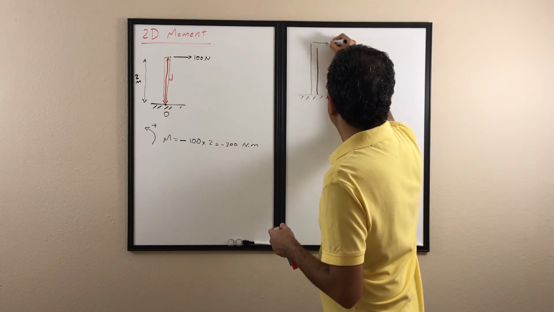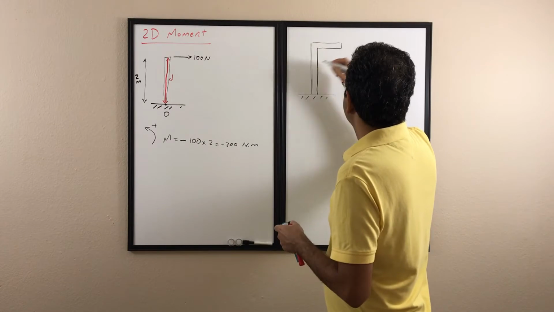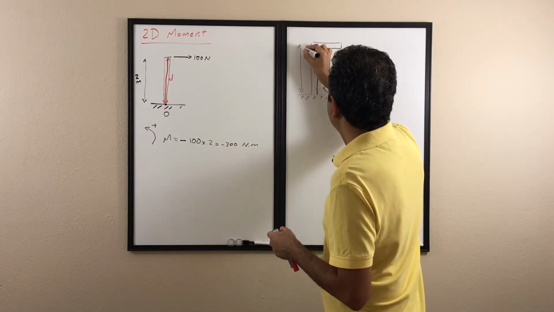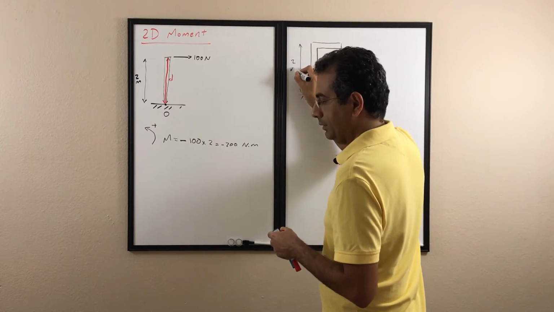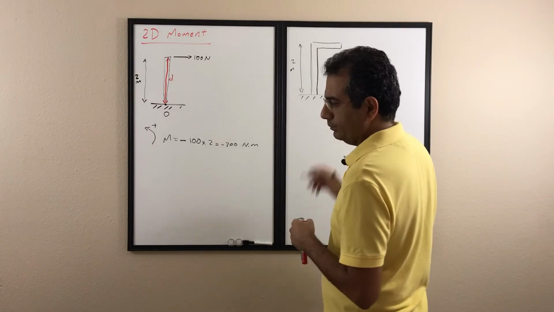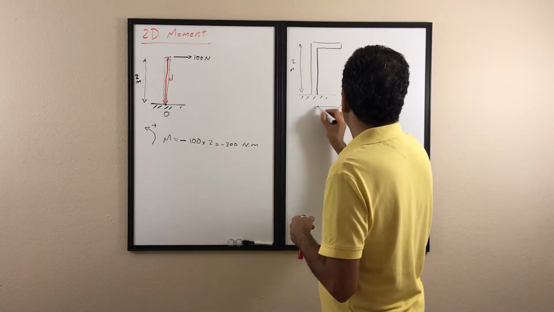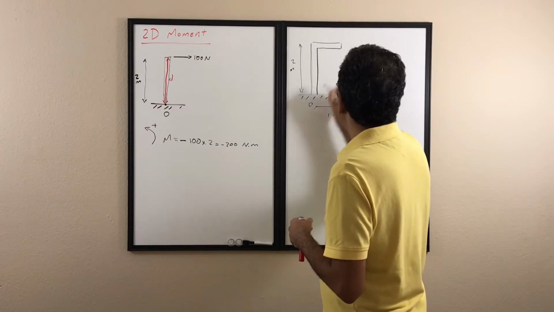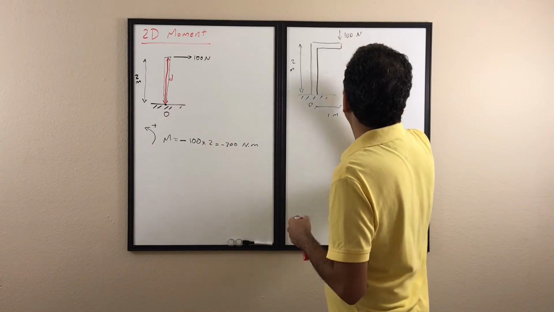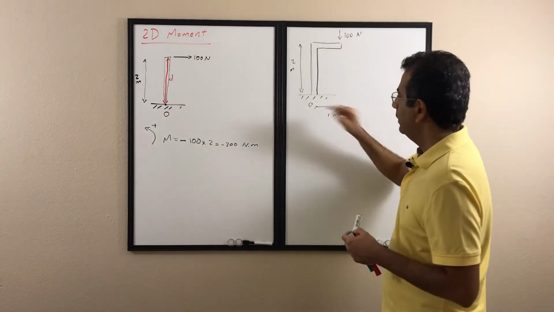And then I extend it 1 meter in this direction, so this is 1 meter. This is point O, and this time I put 100 Newton here. I want to find the moment of that force about point O.